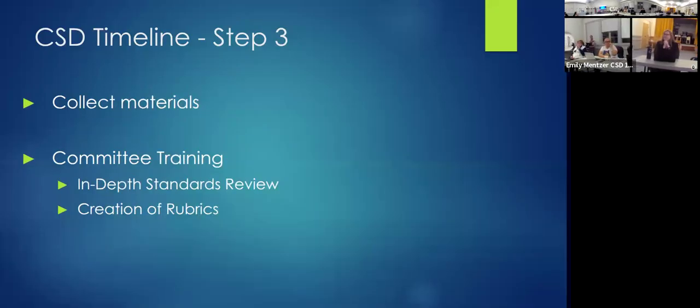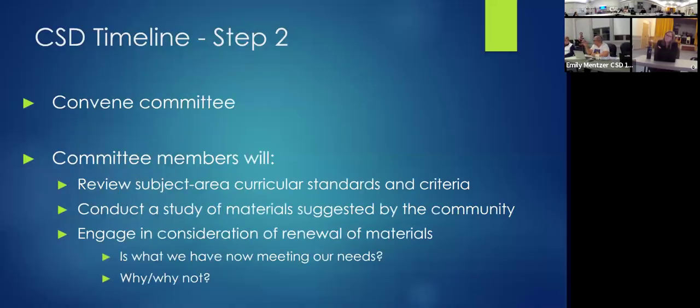Can I ask one quick question? I'm just trying to imagine how this works, because won't dual immersion be about in third grade by next year or this year? Next year. So how do we do dual immersion with these new materials? That's part of the criteria that we will look at. So when we start thinking about, do we have what we need? The TWE program will say, well, no, because I think we're in third grade this year.